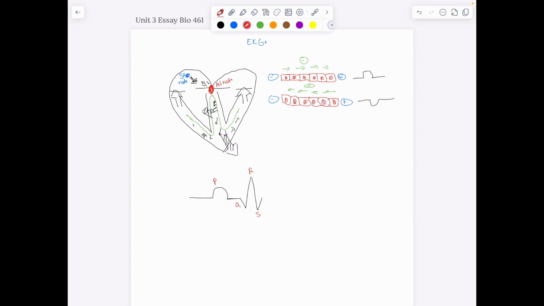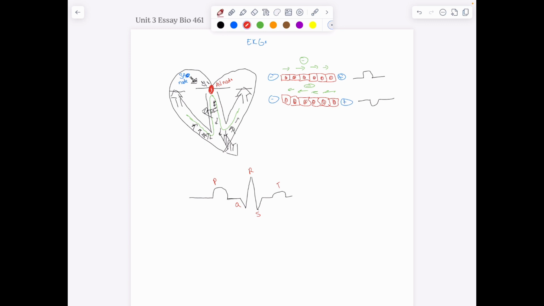And then there's a point in time where right in here we have no net movement, and so we get this ST interval right here. And then once our cells start repolarizing the ventricle, it's going to go this way, and we'll get our T wave. And then it just goes over again as it keeps going through that cycle. And that's where we get our EKG.